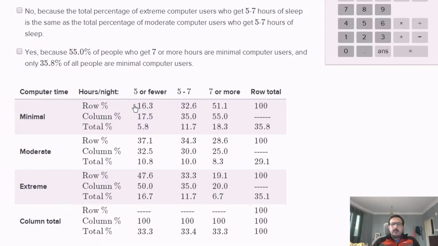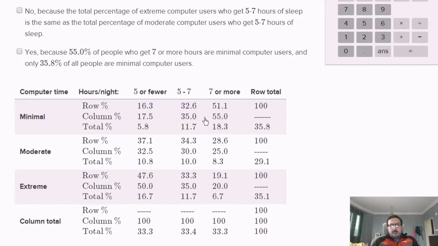So for minimal computer users, the distribution is definitely weighted towards getting more sleep. If we look at the extreme computer users, it's the opposite trend. 47% have 5 or fewer hours per night, 33% 5 to 7 hours, and then only 19% get 7 or more. And it looks like the moderate is someplace in between.